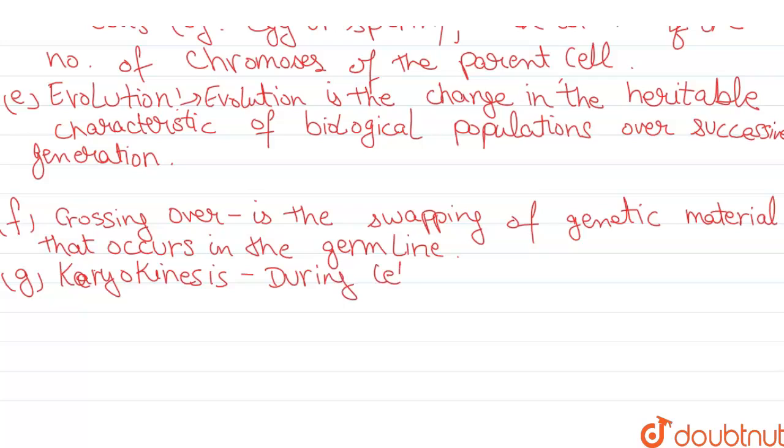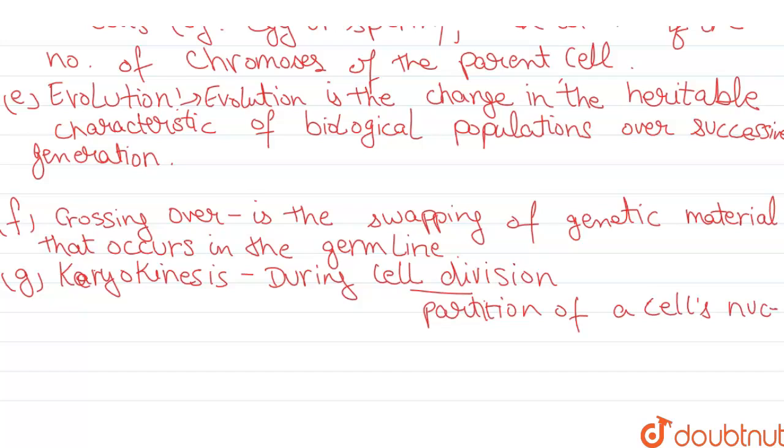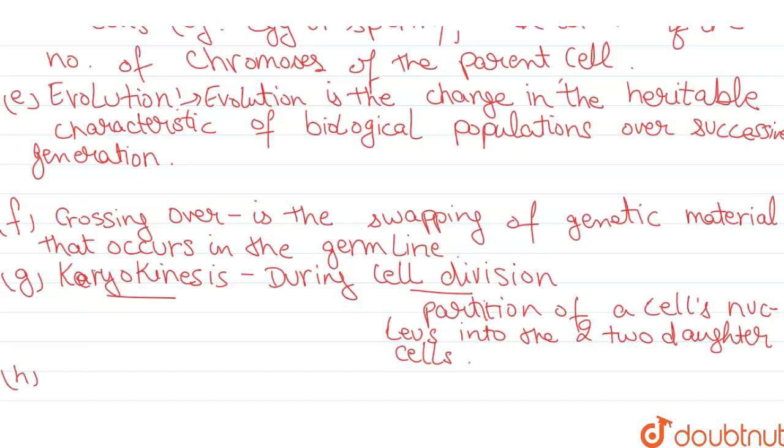During cell division, the process of partition of a cell's nucleus into the two daughter cells is so called karyokinesis.